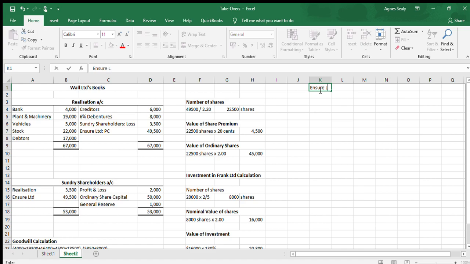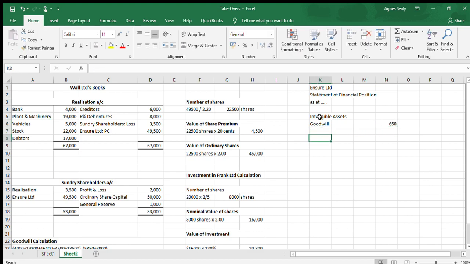So Ensure Limited statement of financial position as at, we don't know the date. We're going to start with our intangible assets, which is our goodwill that we just calculated of $650.